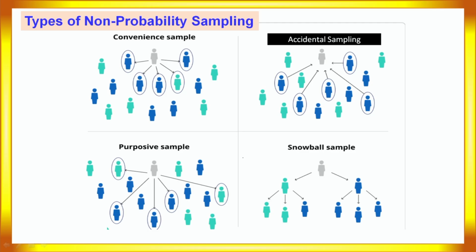Another method of non-probability sampling is purposive sampling. In purposive sampling, the ultimate sample is selected from those individuals whom the researcher thinks are best suited for the study. Maybe a study is being carried out on the attitude of people towards the Indo-American Atomic Energy Pact.